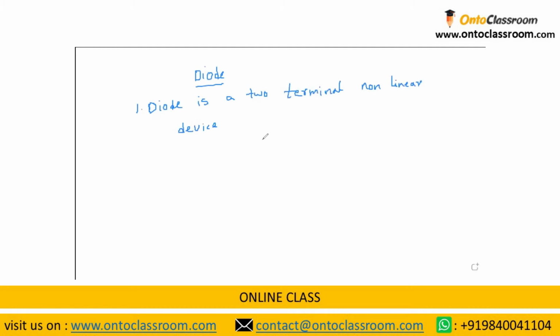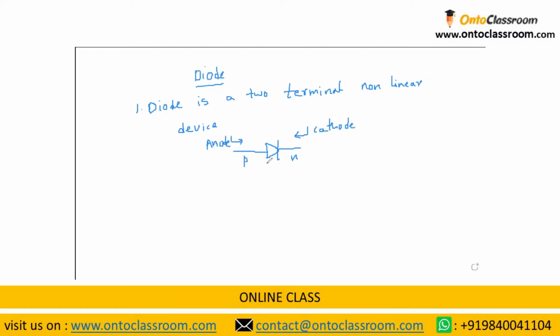It means that it has two terminals. I am showing you the schematic symbol of the diode. These are the two terminals of the diode I am discussing. This is called the anode terminal and this is called the cathode terminal. This side we'll call the P side and this side we'll call the N side.